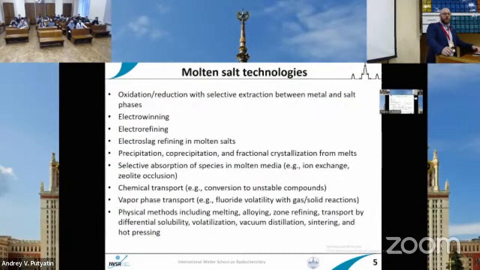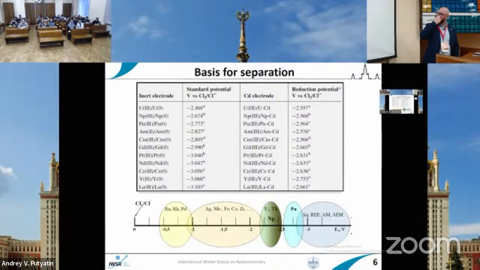And these molten salt technologies, as we already discussed, can be used for many applications, and for us these two applications, electrorefining and electrowinning, are among the most important. So why is it possible?